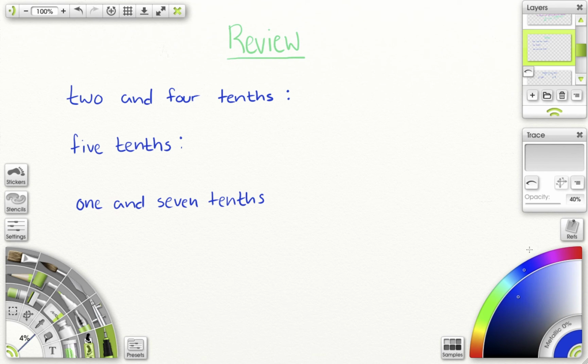All right, so 2 and 4 tenths. Remember, we have our number, and then we have our decimal, and then this first digit right after the decimal is called a tenth. And this one that's right after, if there's a second one, it's called a hundredth.